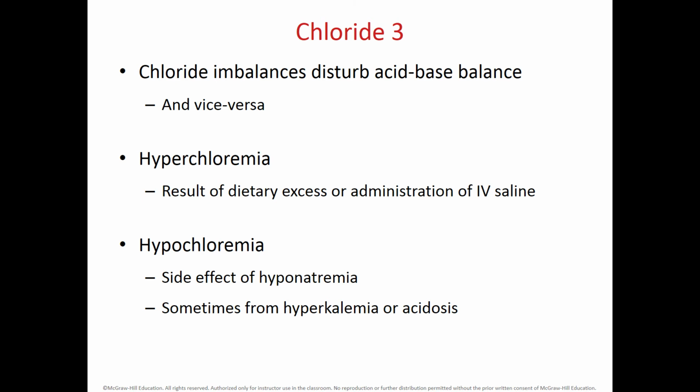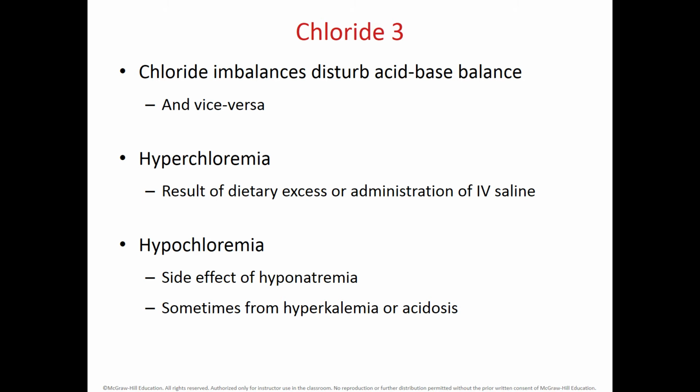And chloride imbalances will affect the acid-base balance and vice versa. So then what are the names of imbalances for chloride? Hyperchloremia, when you have excess of chloride, and it can happen because someone is ingesting a lot of sodium in their diet. Those delicious French fries, hot dogs, pizza, they have a lot of sodium chloride, guys.